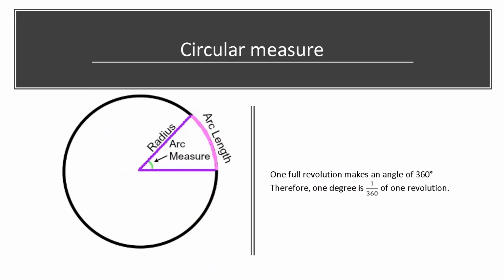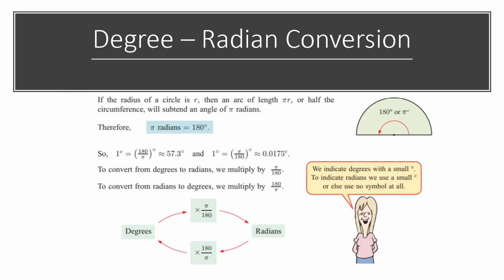Let's remind ourselves that one full revolution makes an angle of 360 degrees, therefore 1 degree is 1 over 360 of 1 revolution. If the radius of a circle is r, then an arc of length pi r, or half the circumference, will subtend an angle of pi radians.